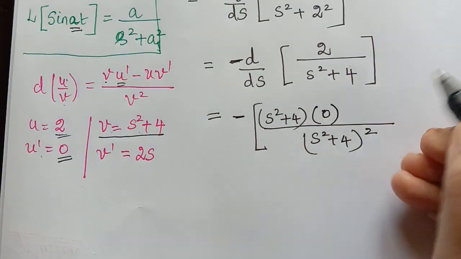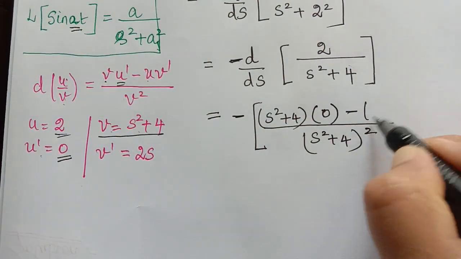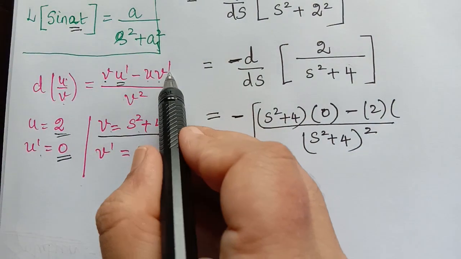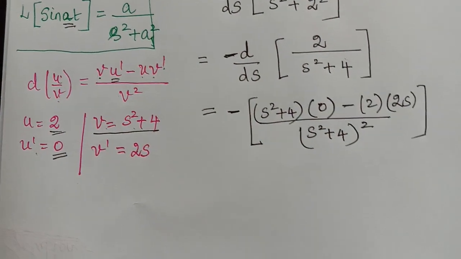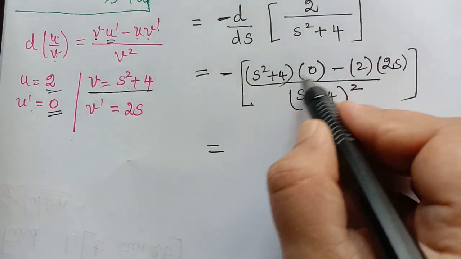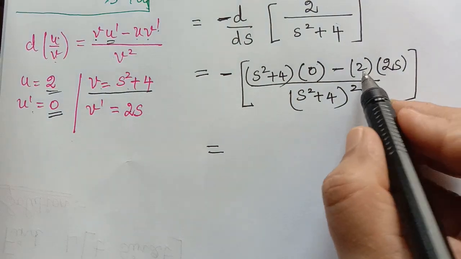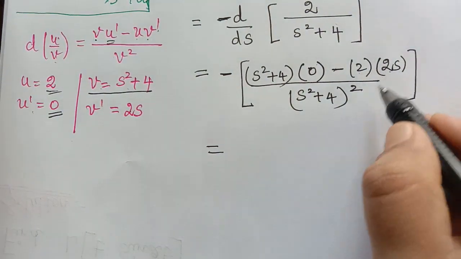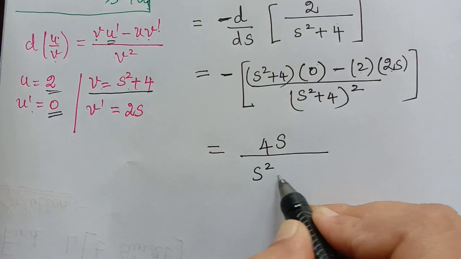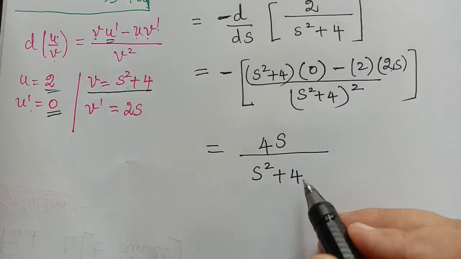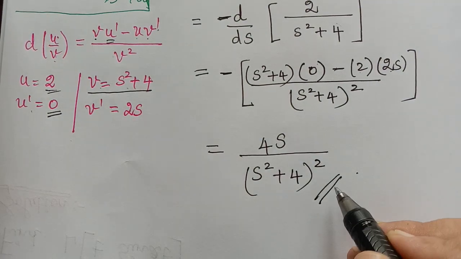So multiplied with 0, minus u multiplied with v dash, where u is 2 and v dash is 2s. So this term will be 0, so we need not write it, and minus into minus will become plus, and 2 multiplied with 2s will give us 4s divided by s square plus 4 the whole square. So therefore this is the solution.